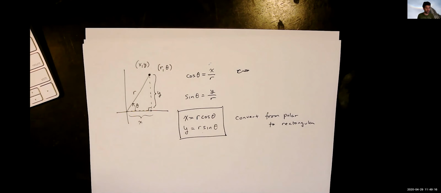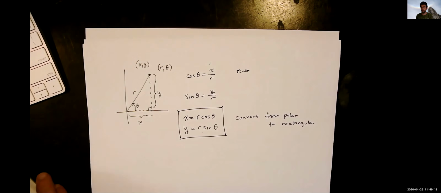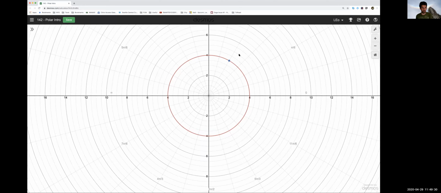Let's see that in action. So let's go back to the page we were just looking at, to that point I had plotted. Remember, this was our point, 4 pi over 3. Write that down.